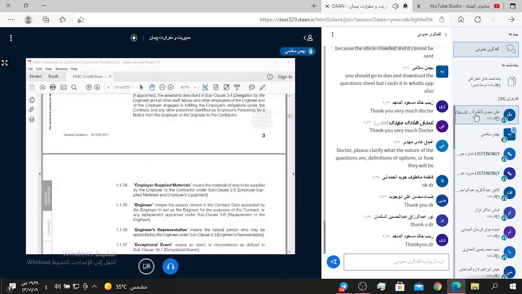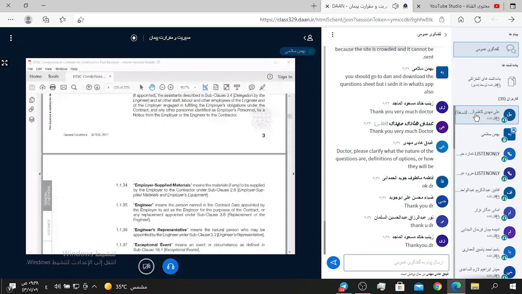You should explain the definition of the employer according to the FIDIC, not according to your opinion. Understand? Because the material of this class is related to the FIDIC.